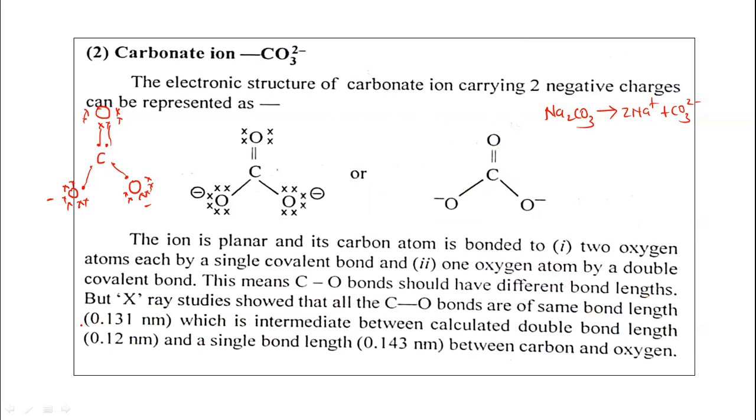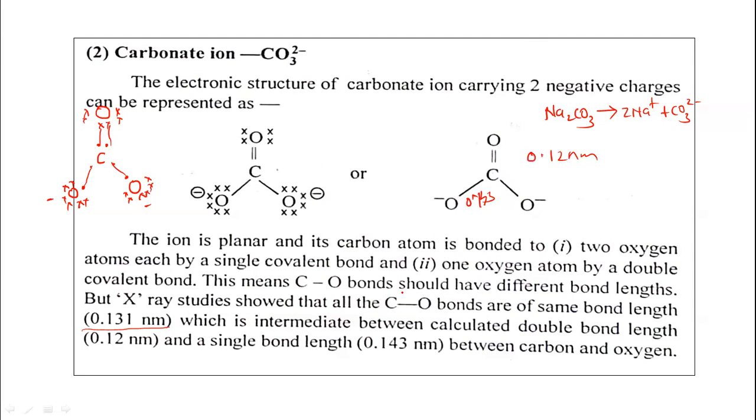But X-ray study shows that all the carbon-oxygen bonds are of the same bond length, that is 0.131 nanometer. According to this structure, there is a double bond and single bonds, but the X-ray study shows that all the bonds are equal, and that bond length of 0.131 nanometer is intermediate between the calculated double bond length, 0.12 nanometer, and the single bond length, 0.143 nanometer.